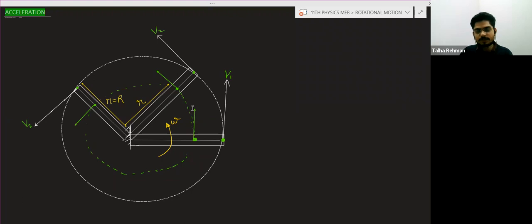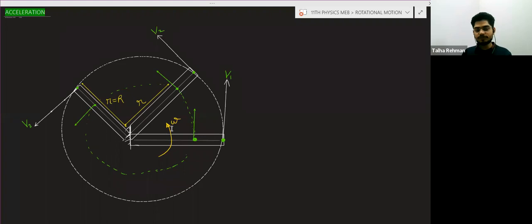This is the velocity of the particle in this direction. When the rod is here, the velocity will be tangential. So all the particles of the rod move in a circular path in rotational motion.